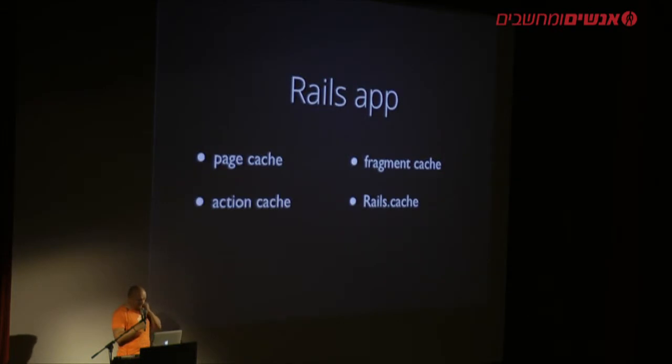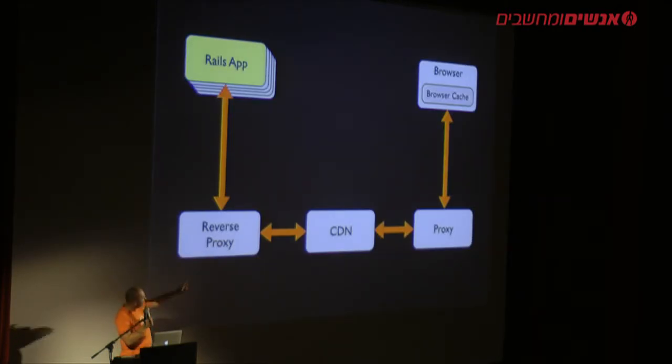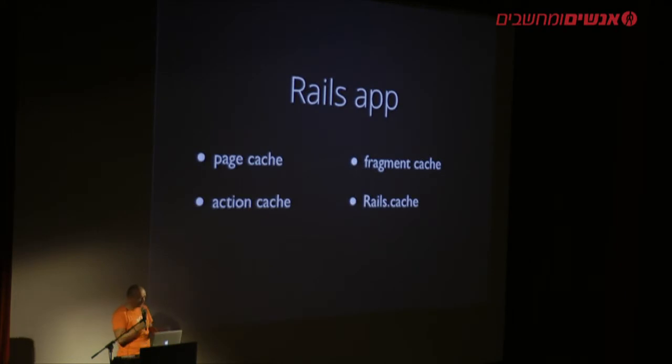One thing to note is that the farther from the browser we go, the slower the request will be. So if we can cache closer to the browser, that's the best caching there is. But we will start from the end. When you get into your Rails application, you actually have four kinds of cache: page cache, action cache, fragment cache, and raw access to the Rails cache for your data.